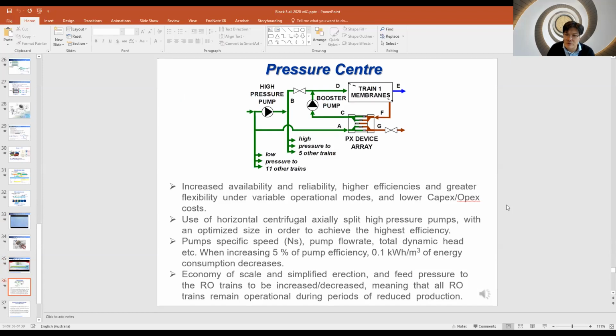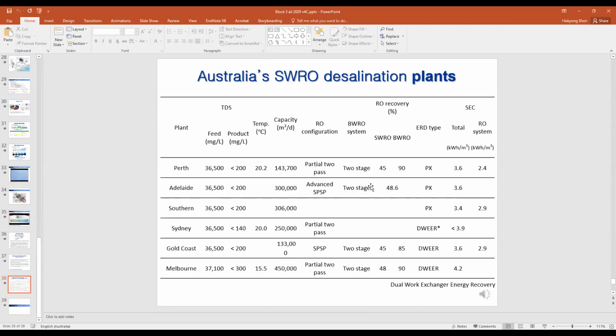So that works almost like a recycle, like a bypass, a continuous bypass of the permeate to the feed. Exactly, because you can dilute your feed TDS, seawater.